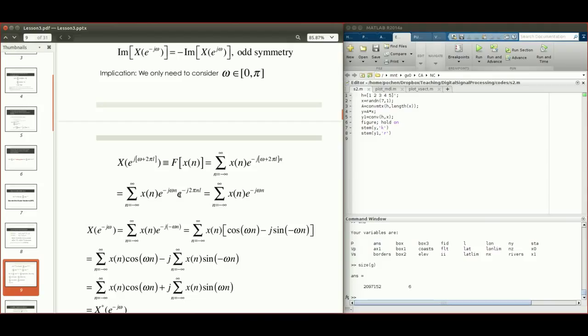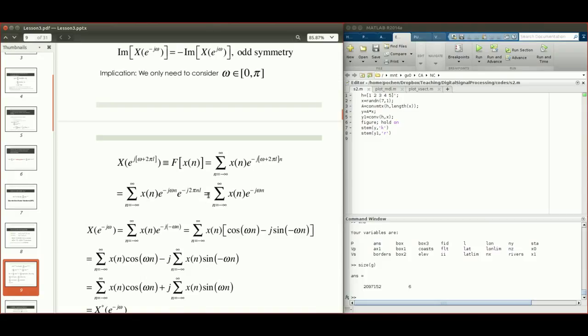But now you get another factor, this thing: e to the minus j 2 pi n L. Because n is an integer and L is an integer, n times L is still an integer. So it's basically e to the minus j 2 pi times an integer. If you still remember Euler's formula, it allows you to convert the exponential form to cosine plus j sine.